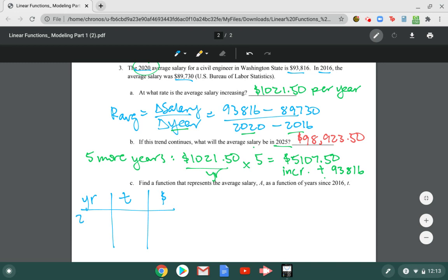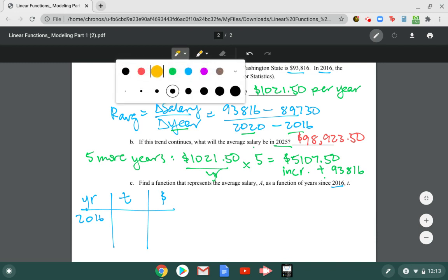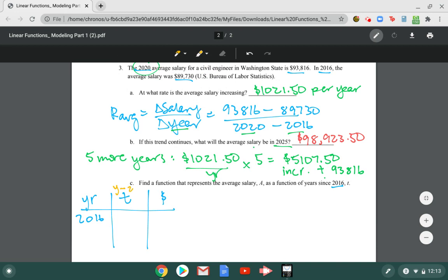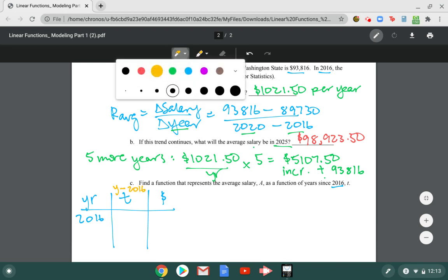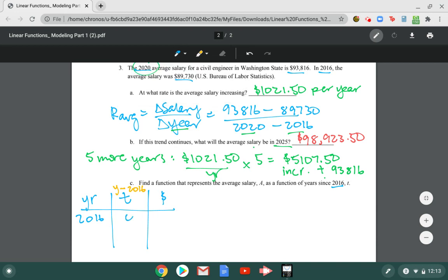So years since 2016: year minus 2016. Well, 2016 minus 2016, 0 years have gone by, and that salary was 89,730. And in 2020, I get 4 years, and that salary is 93,816. My rate of change is going to be the same.